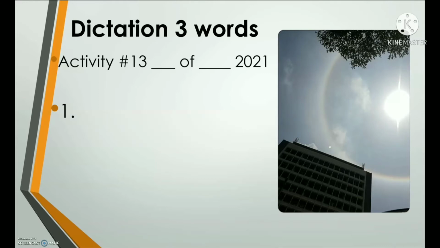Number 1. Blurry. Number 2. Spell the word magnifier. Number 2. Magnifier. And number 3. Spell the word vision. Vision.